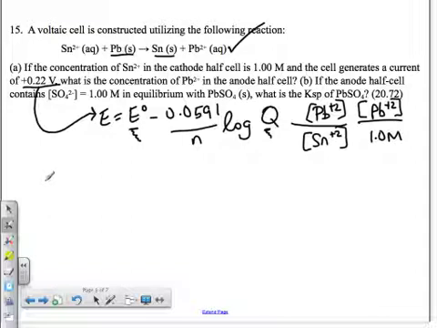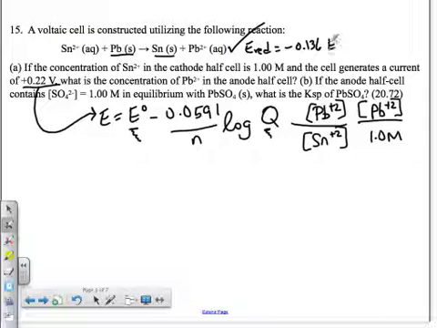So the first thing we have to do is get our E under standard conditions. Sn is being reduced, so I'm going to find the reduction potential for Sn and leave it alone. So E for the reduction: look for Sn on your standard reduction potentials, going from +2 to 0, and it is -0.136.